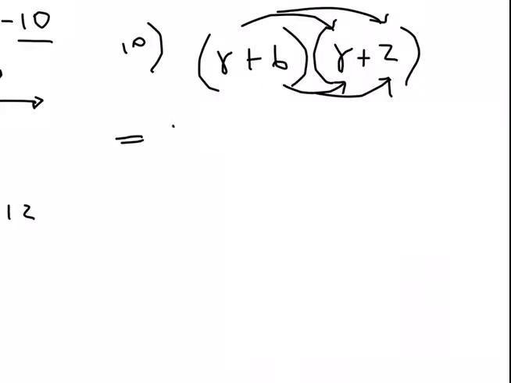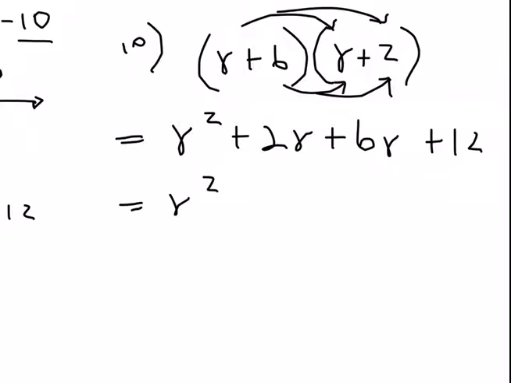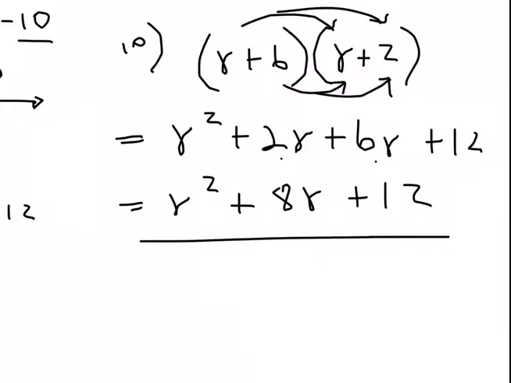So you've got r squared, then that by that becomes 2r, that by that becomes 6r, that by that becomes 12. Then this plus that will definitely give you 8r. And lastly, you've got 12 there, and that should be the end of it.